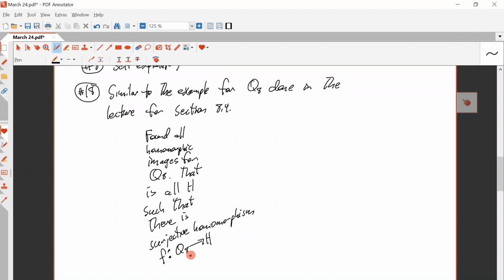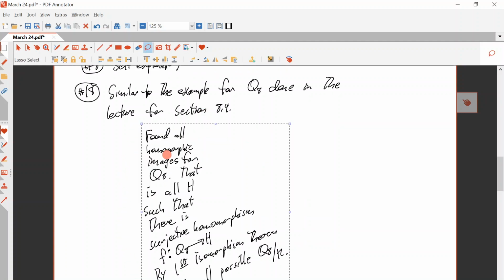In other words, we found all quotients of Q8. All right, so by the first isomorphism theorem, H is all possible Q8 mod N, or mod K for kernel, right? It's all Q8 mod K. So we did that in the lecture notes for section 8.4.